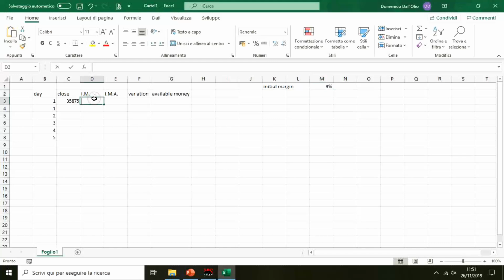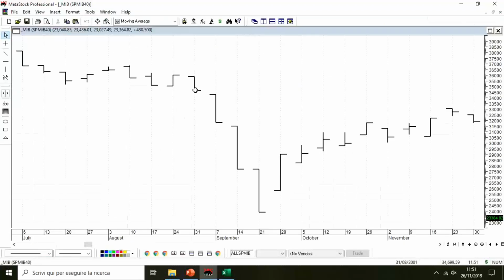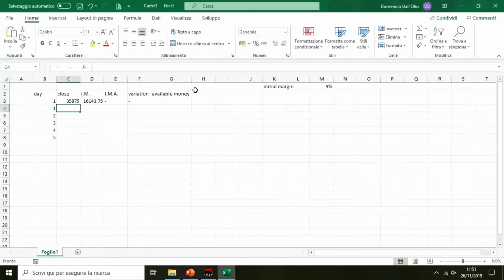The initial margin in this case would have been 35,875 times 5 euros each times the initial margin of 9%, 16,143.75. The initial margin adjustment would have been 0. Then, at the end of day 1, which in this case is week 1, but it doesn't matter, the close is 34,643.